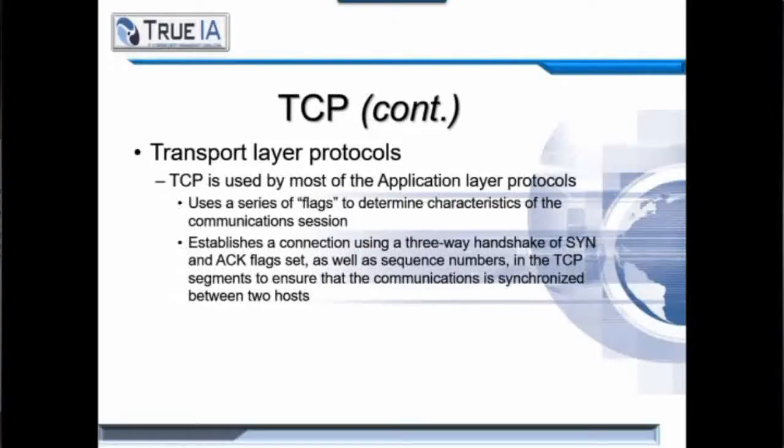TCP by far is used the most of the application layer protocols. It establishes a connection using what's called a three-way handshake of SYN, SYN-ACK, and ACK. This ensures that the communications are synchronized between the two hosts.